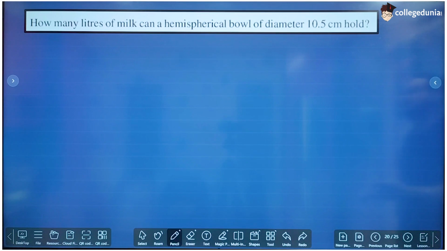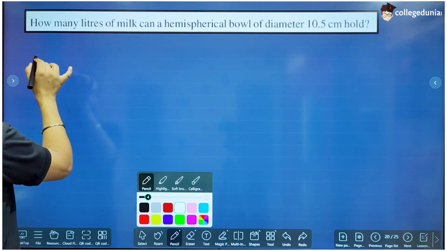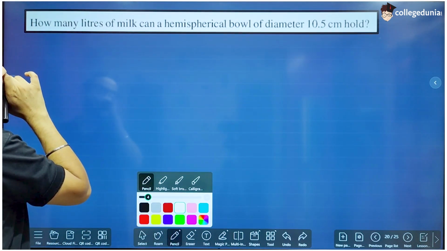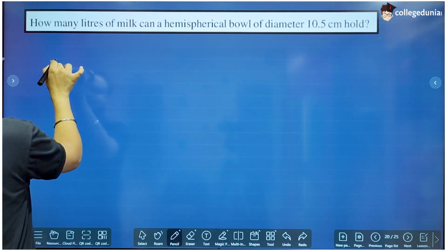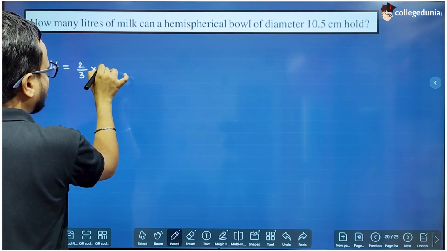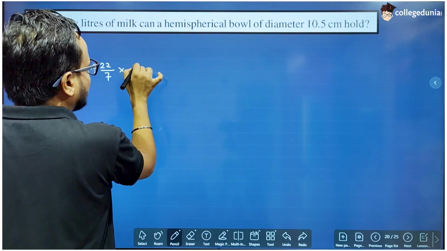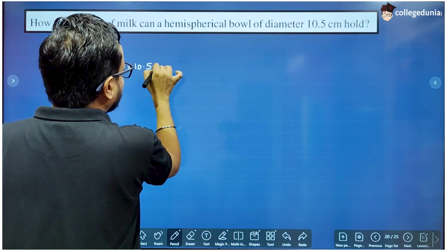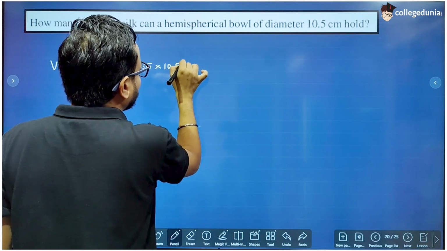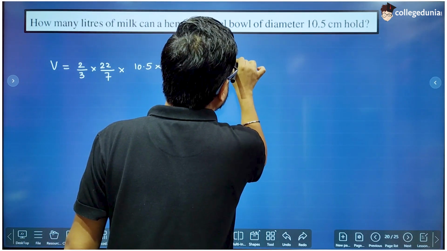How many liters of milk can a hemispherical ball of diameter 10.5 centimeter hold? Okay, now we have to find the capacity, which is 2 by 3 pi r cube, with 10.5 into 10.5 into 10.5 centimeter cube.